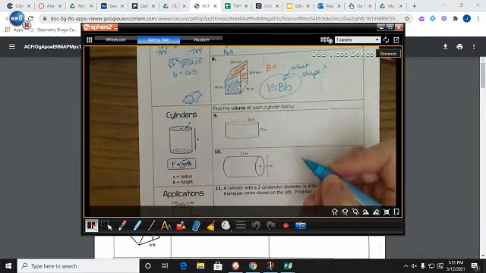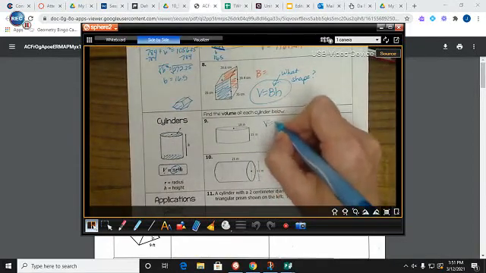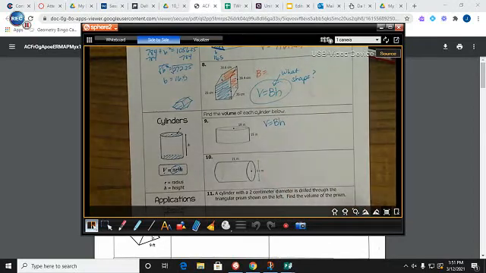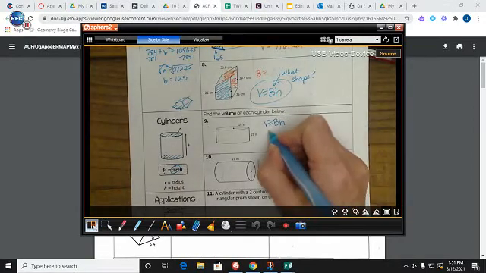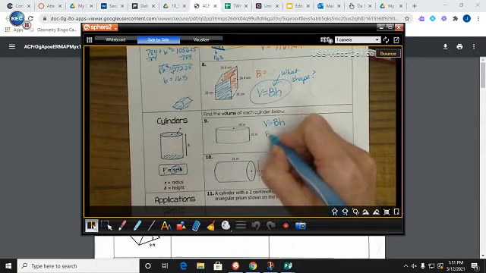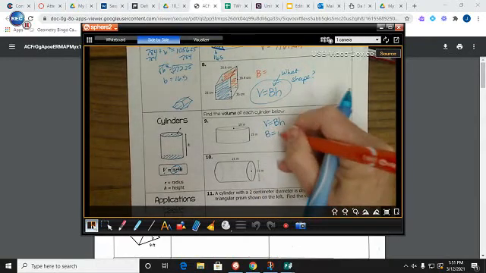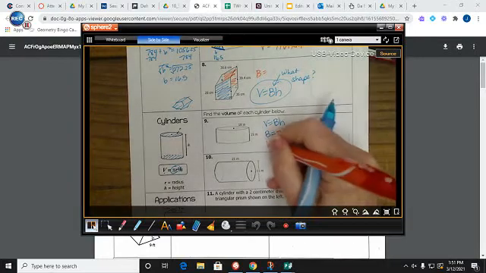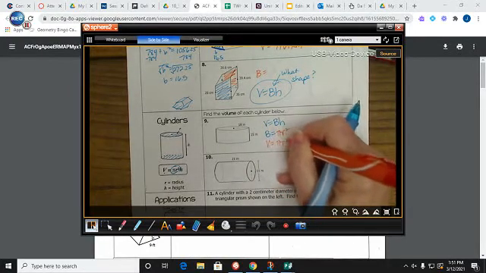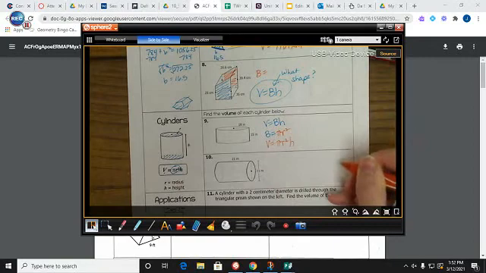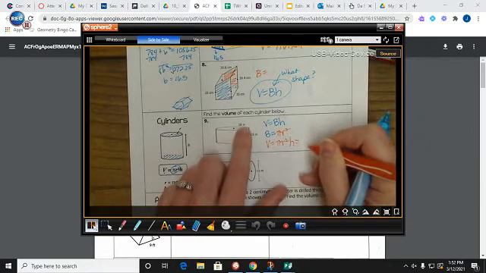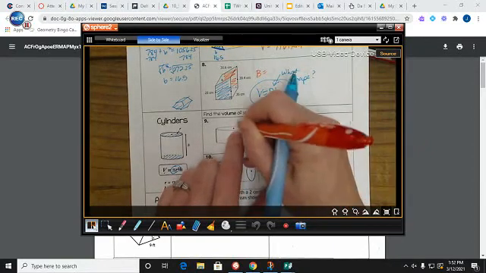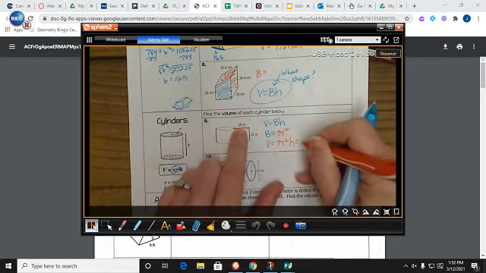So to find the volume of a cylinder, I'm still going to do the area of the base times the height, but now I know that base is a circle, so it'll be pi r squared. And then the volume will end up giving me that pi r squared times my height. And so let's plug in our numbers. Oh, they gave me the radius already. How handy.